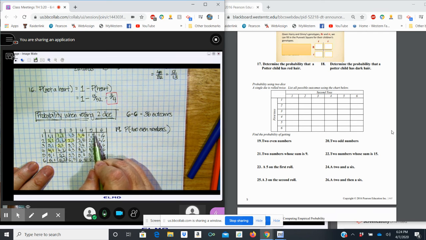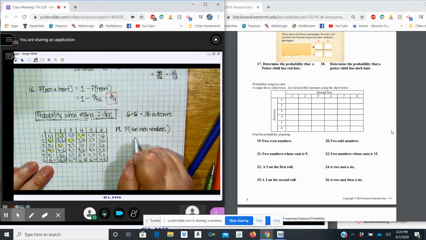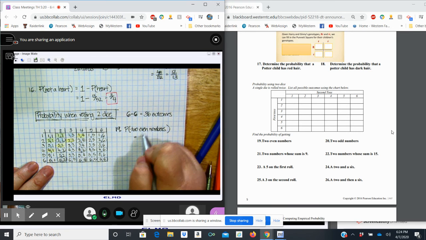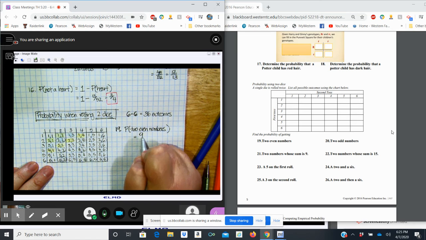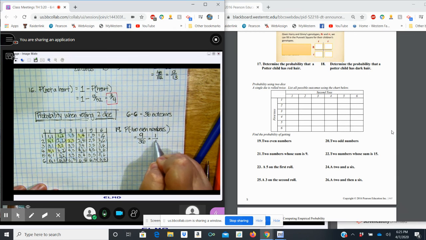This is an odd number, so they're not going to both be even here. 7, 8, 9. So when I look for 2 even numbers, I had 9 possibilities with 2 even numbers out of 36 possible outcomes. This gives me a probability of 1/4.